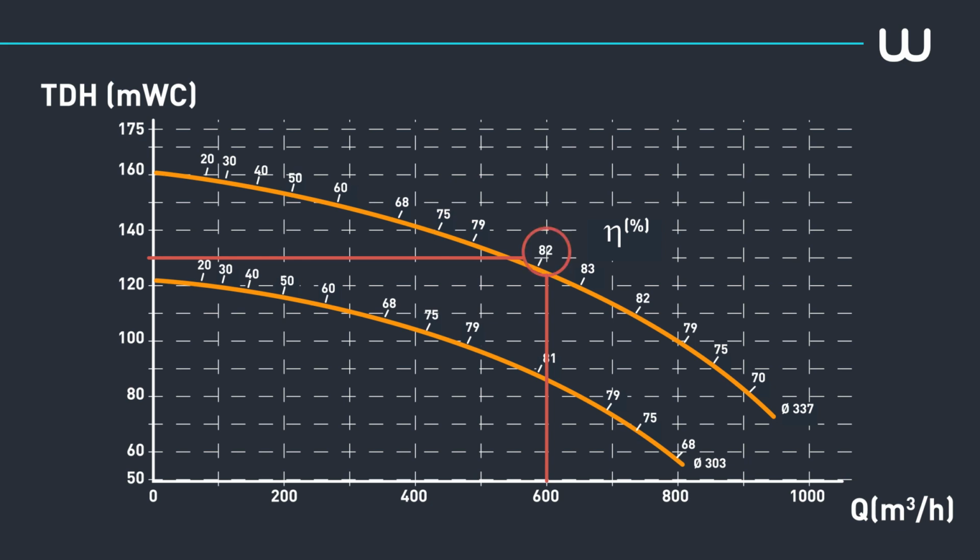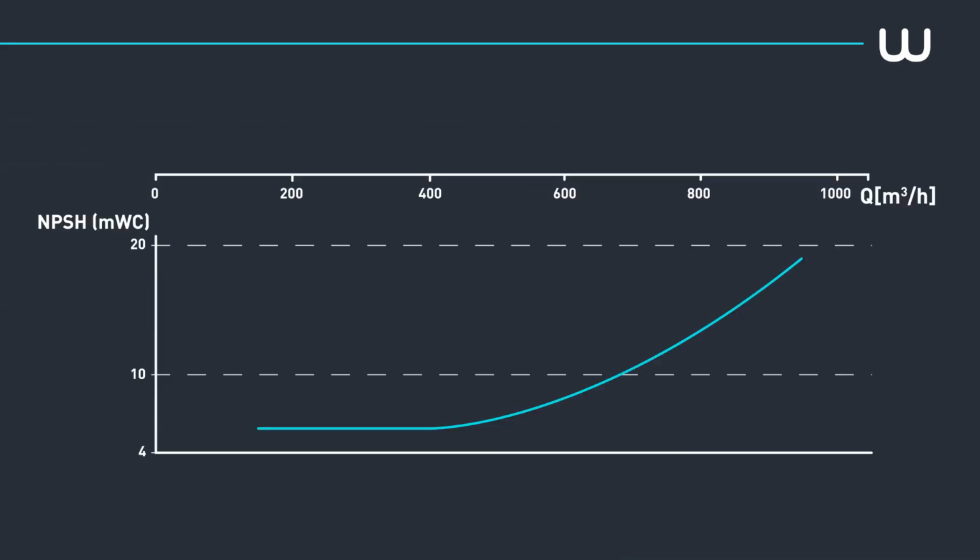Once the performance is identified, it is necessary to check whether the NPSH required is lower than the NPSH available. The NPSH required is defined by the manufacturer on a graph which is traced according to the flow. In our example, at 600 meters cubed per hour, the NPSH required by the pump is 8 meters of water column.